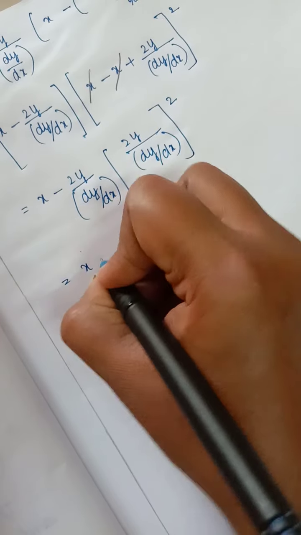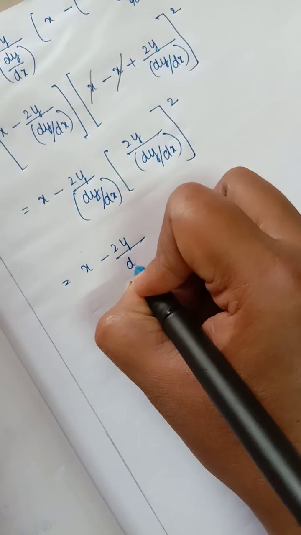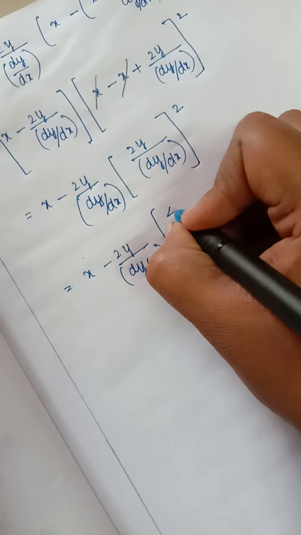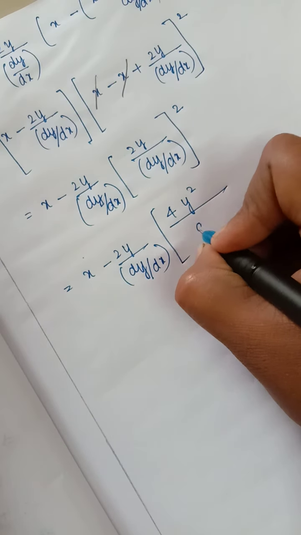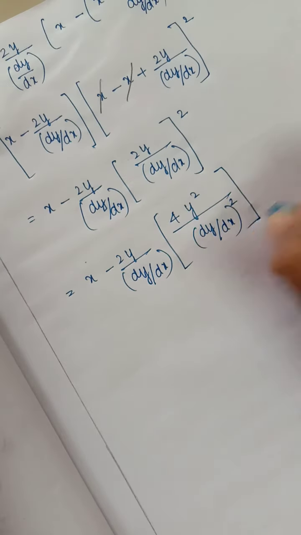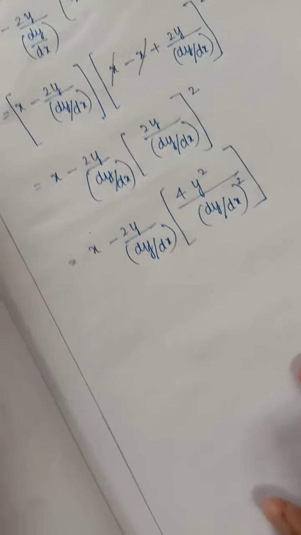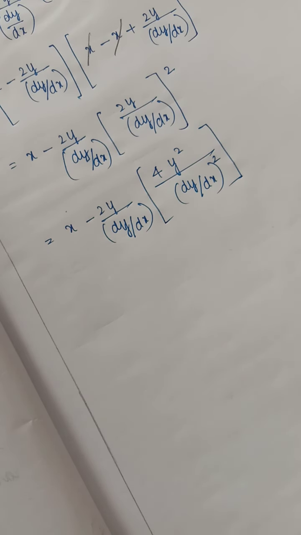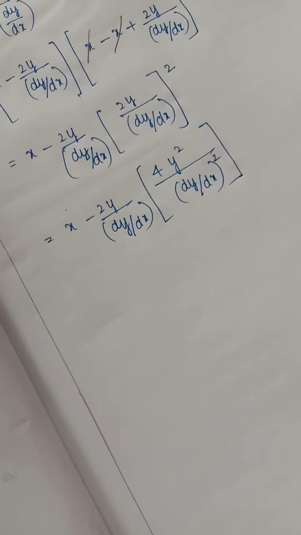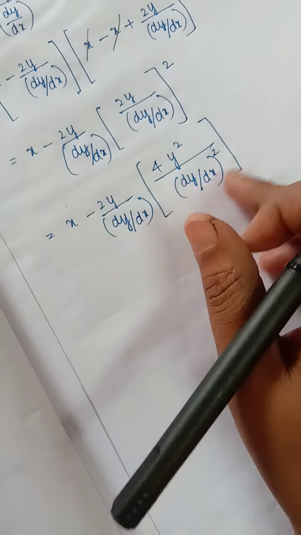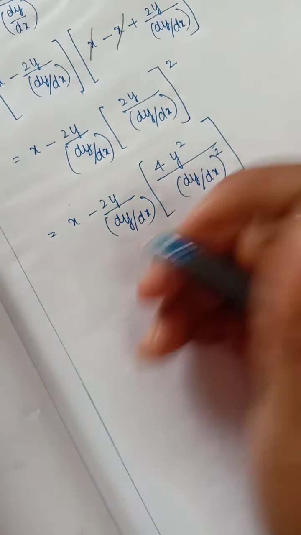So that implies x minus 2y by dy by dx. Here for the y square by dy by dx the whole square. So we are just squaring both the numerator and denominator. Then what we are going to do, we are just taking this denominator alone, and also we have to take the LCM here.